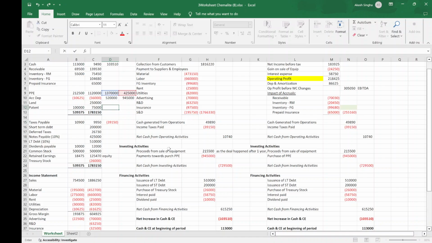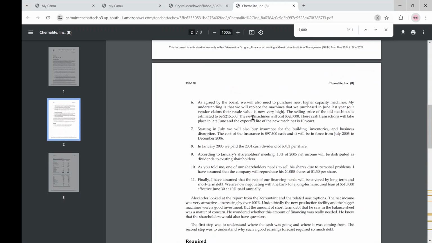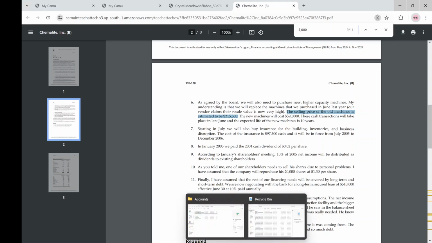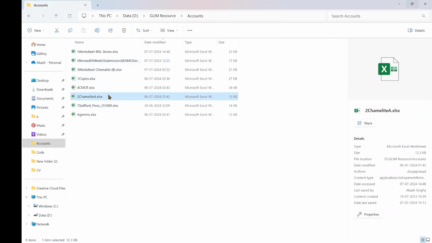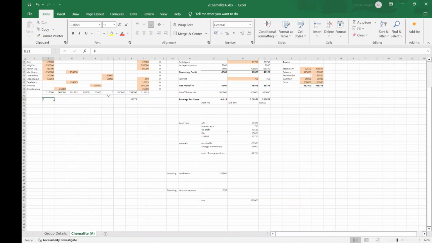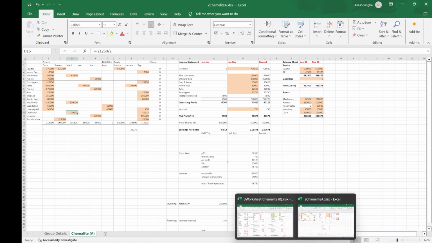And now proceeds from sale of equipment is a tricky one. You can just write it down from reading the statement. It was there that the selling price of the old machine is estimated to this value. Or what you can do is calculate it from the balance sheet. So for that you need to remember Camelite A. So in Camelite A, if you remember, we have added the depreciation for 6 months, 10,625, right?